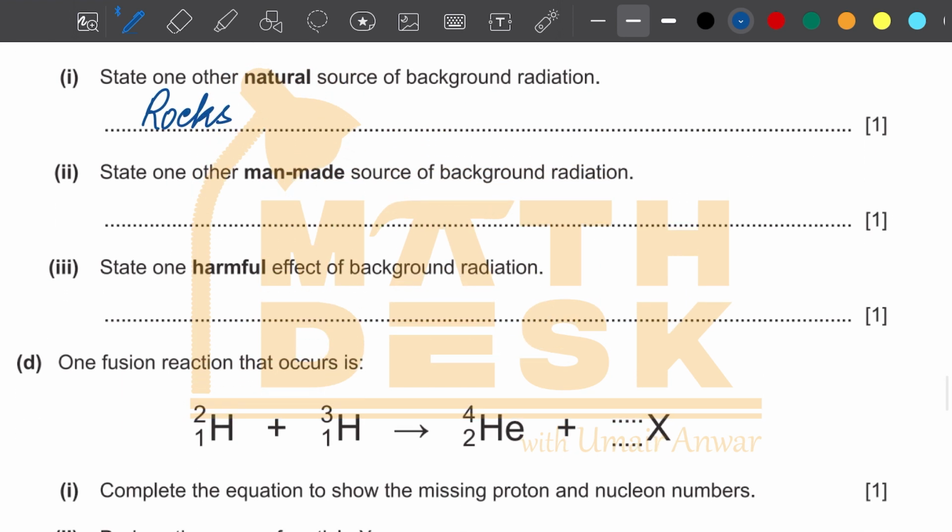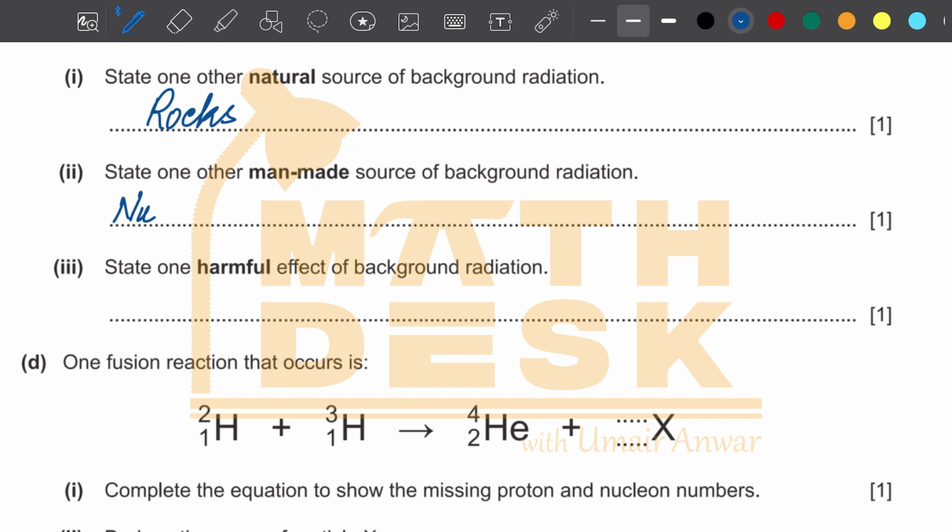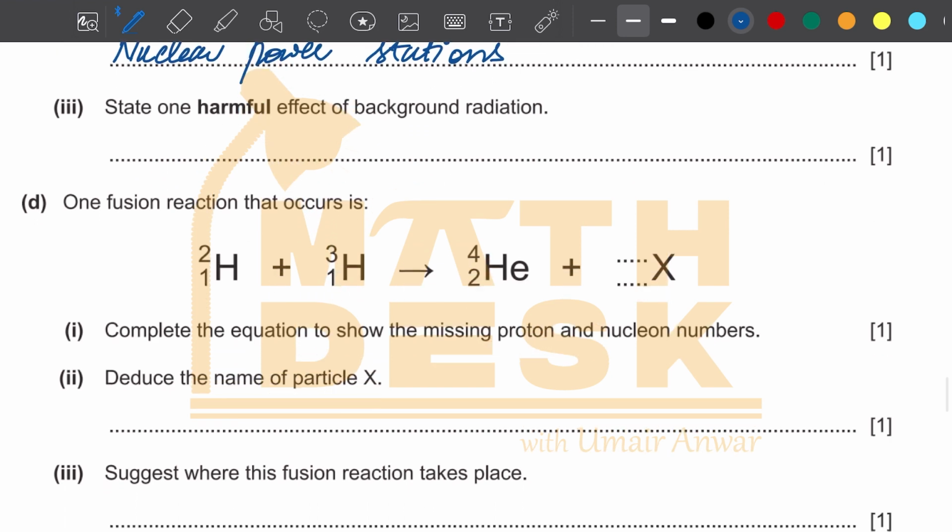State one other man-made source of background radiation. Nuclear power stations, where nuclear fission is happening. State one harmful effect of background radiation. It can cause cancer.